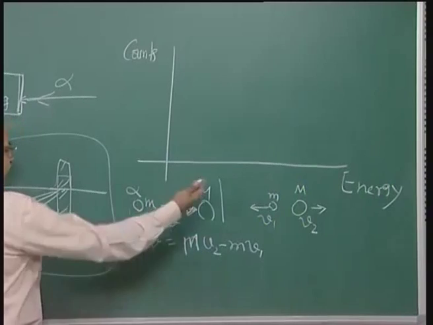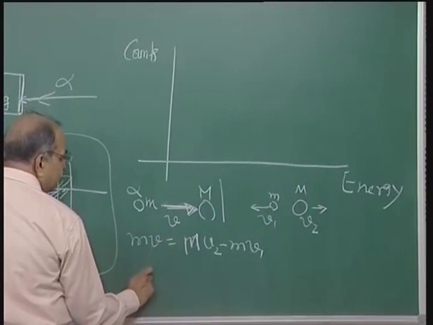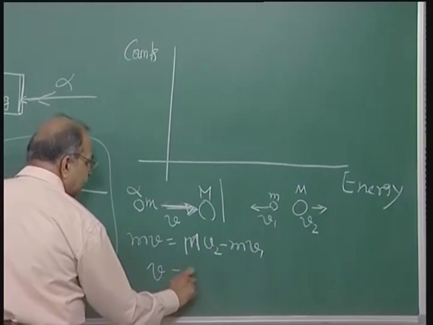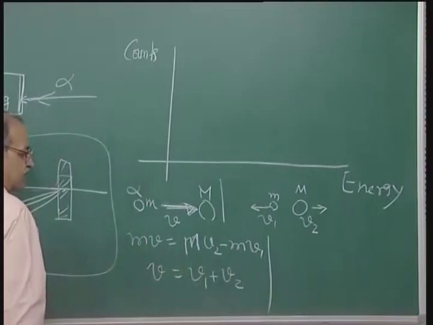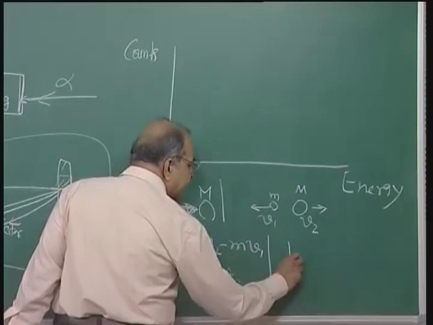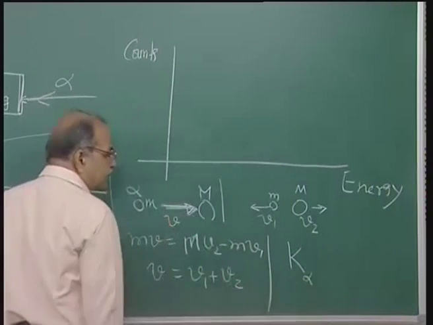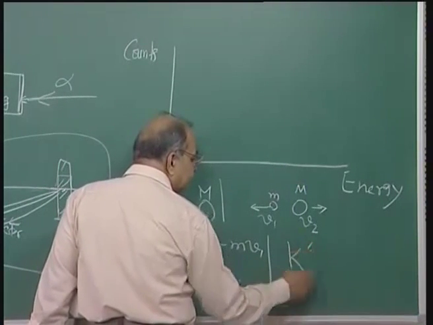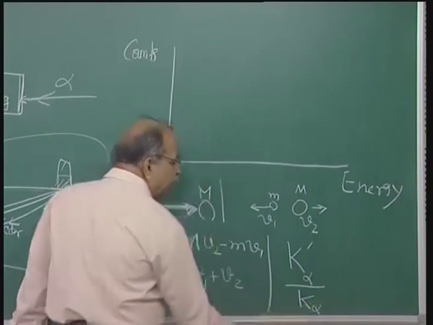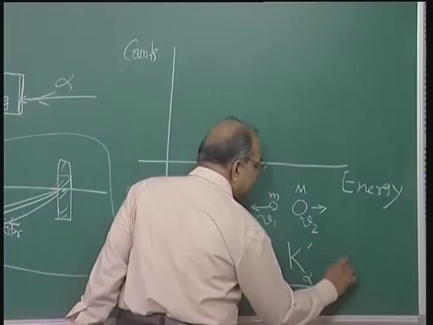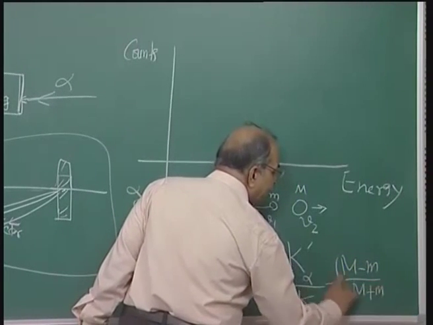And for this particular case, the energy conservation will finally give you velocity of approach equal to velocity of separation, and from this you can work out, the algebra is very simple, the kinetic energy of the alpha particle after the collision divided by the kinetic energy before the collision will be just (M minus m) over (M plus m), squared.